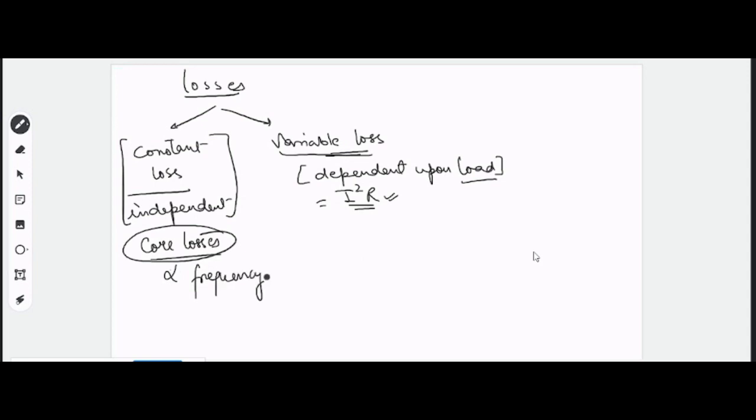Yes or no? Yes, sir. Because core losses comprise eddy current and hysteresis loss, and both depend upon the frequency. In fact, one depends upon the square of the frequency, right? So because they depend upon the frequency, in case of the rotor circuit, what is happening? This core loss will be a dominant loss.